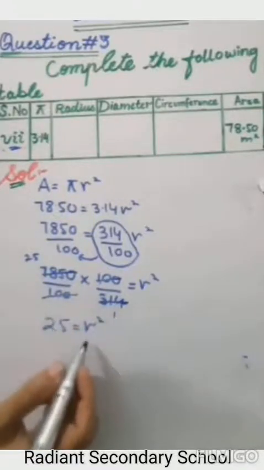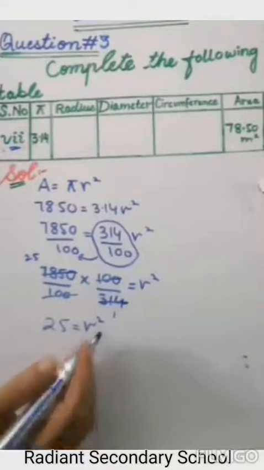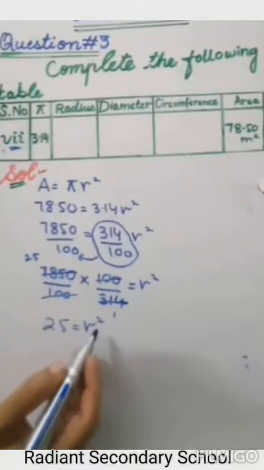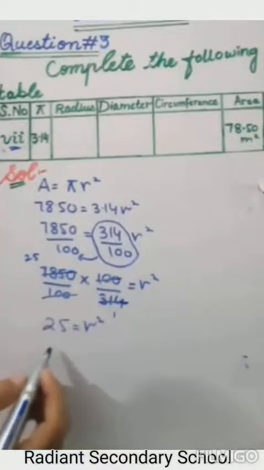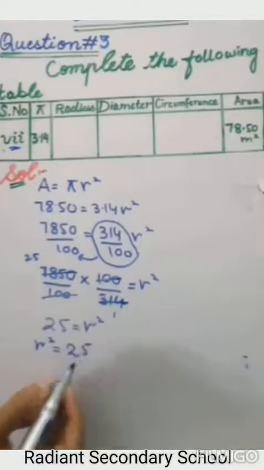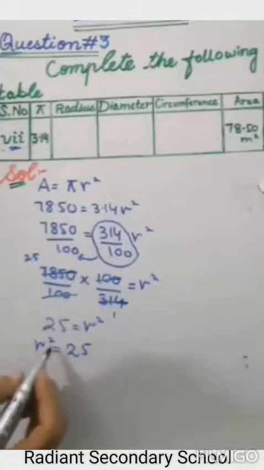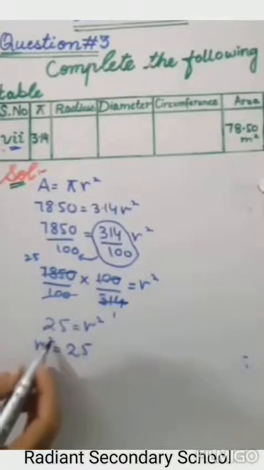We need r because r is a radius. R square is not a radius. That's why we have to remove this power from there. So you can write r square is equals to 25, taking under root on both sides, because under root can cut this power 2.